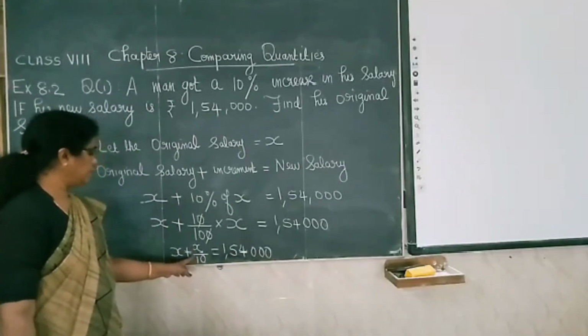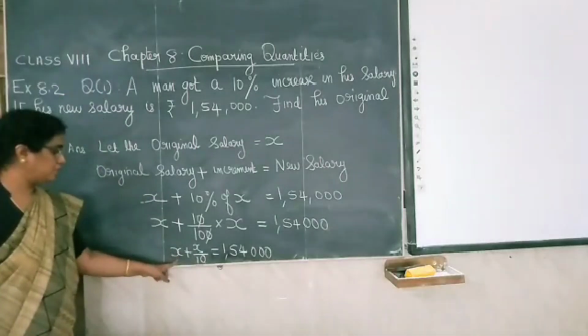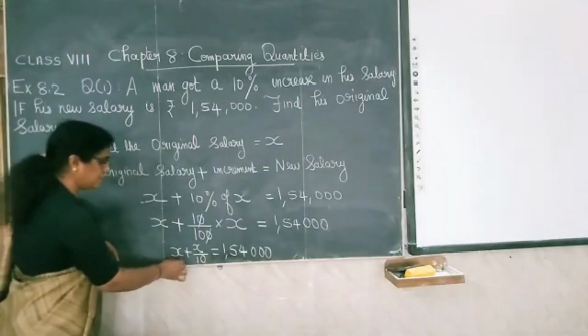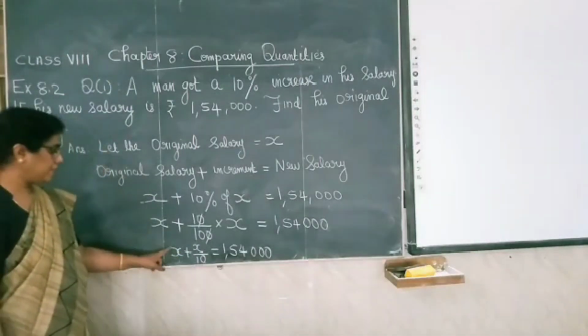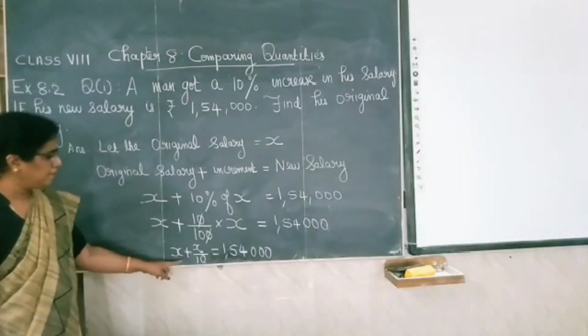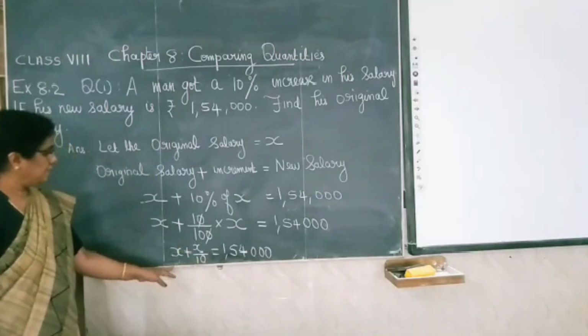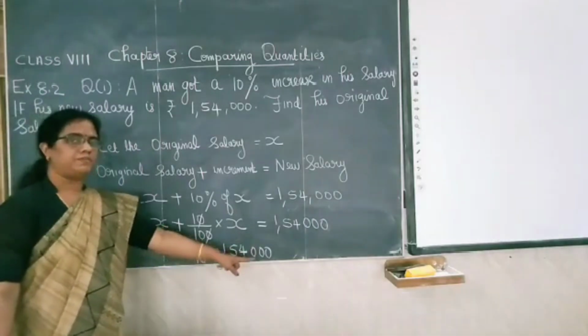We have to make the denominator 10 here also, because here X means X by 1. So multiply numerator and denominator by 10. Then this becomes 10X by 10 plus X by 10, that is 11X by 10, equal to 1,54,000.